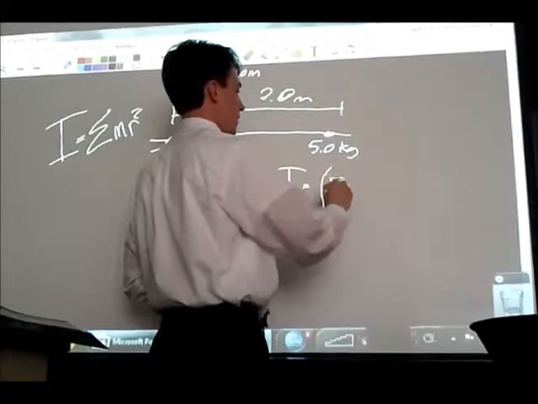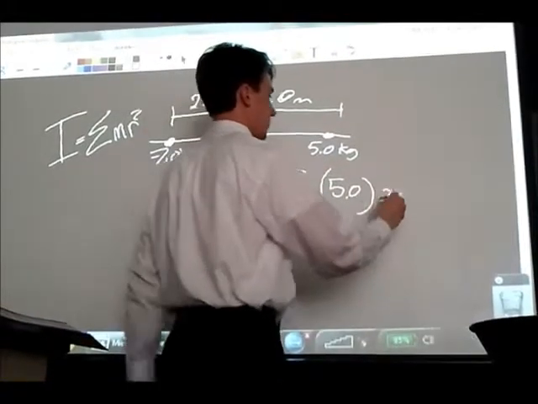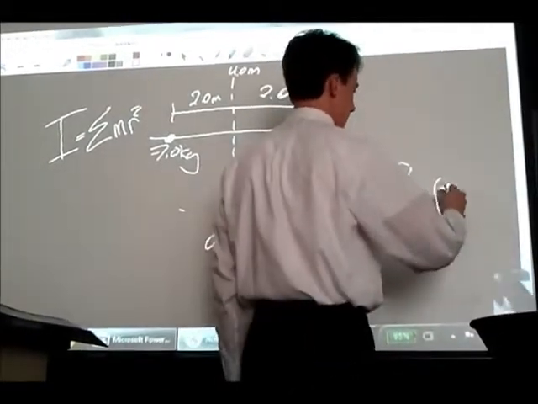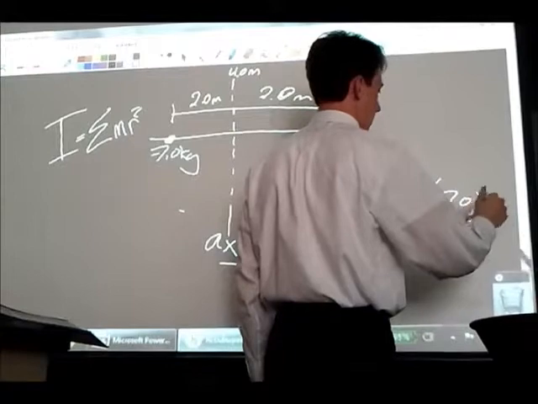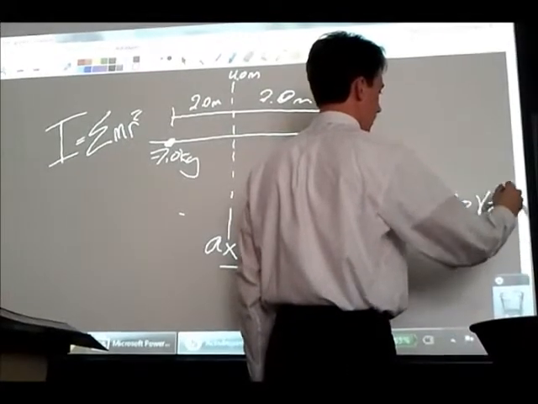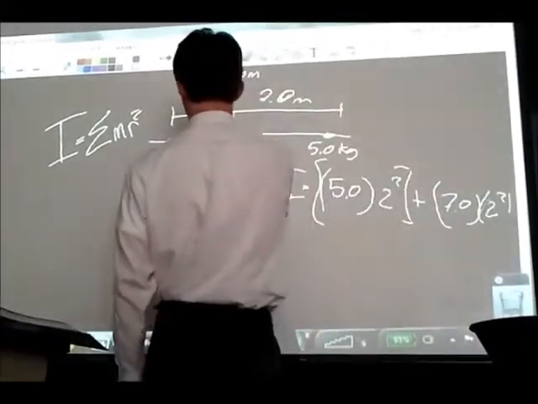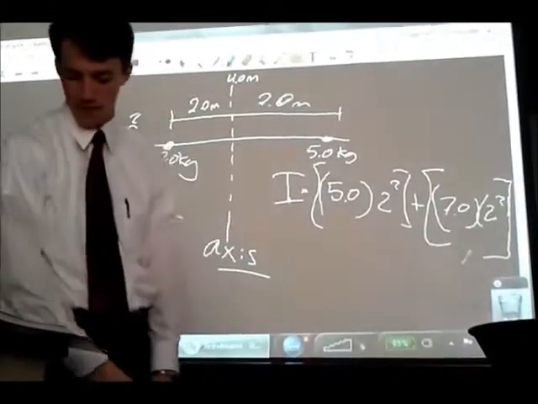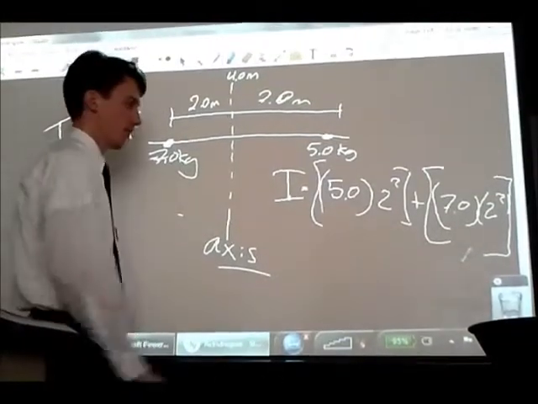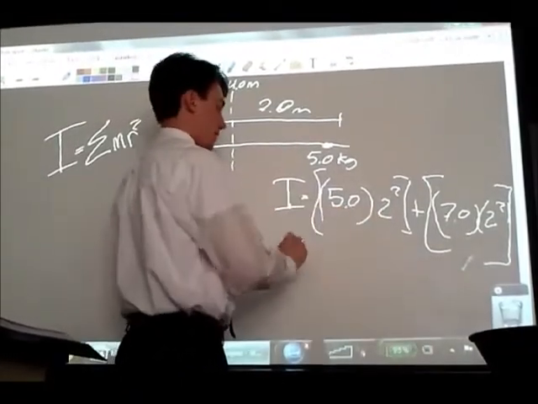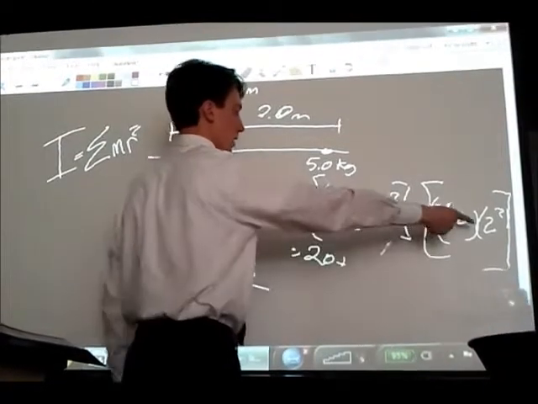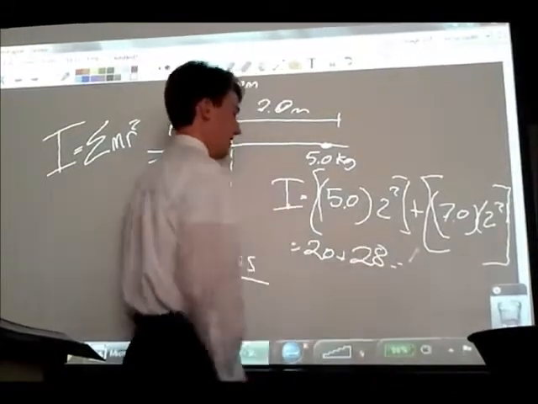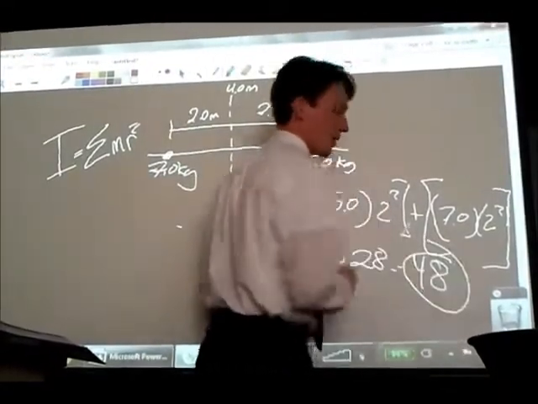So mass 1 is 5 times its radius of 2 squared, plus mass 2, 7, times 2 squared, all in parentheses. Basically this ends up being 4 times 5, which is 20, plus 4 times 7, which is 28. That equals 48. That's the moment of inertia for that one.